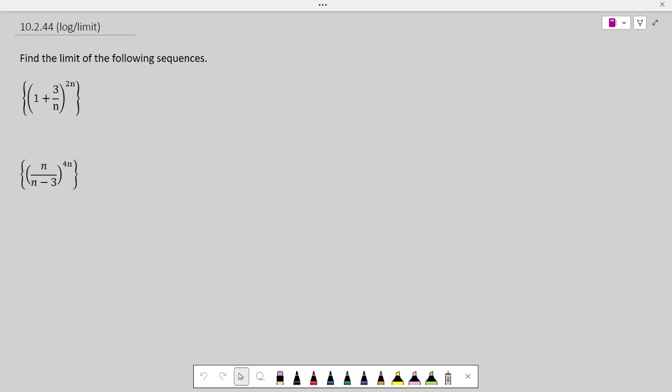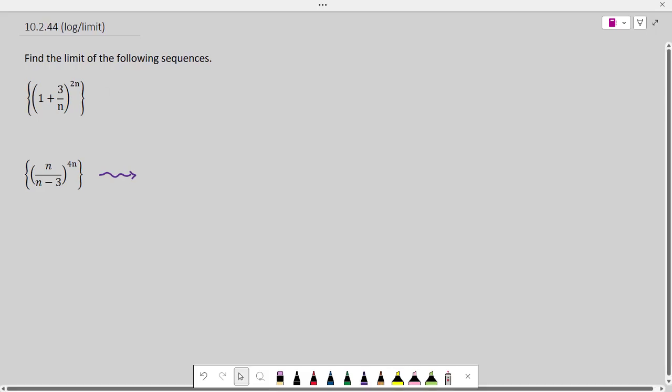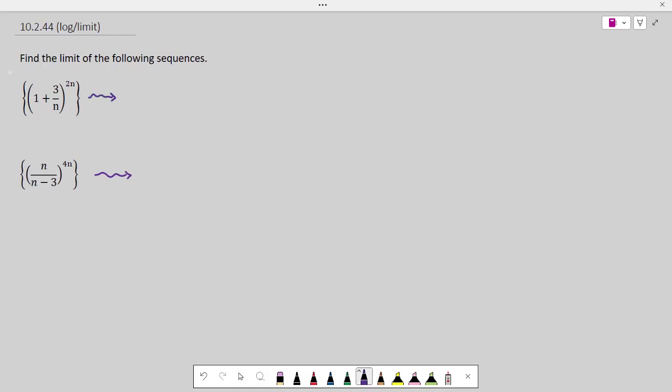So log limit, if you're asked to use the log limit process, you have to use the log limit process. You can't use the shortcut. So let's do one of these with the log limit process. And then we can do the other one with, well, let's do this one with the shortcut. What does this go to as n goes to infinity?